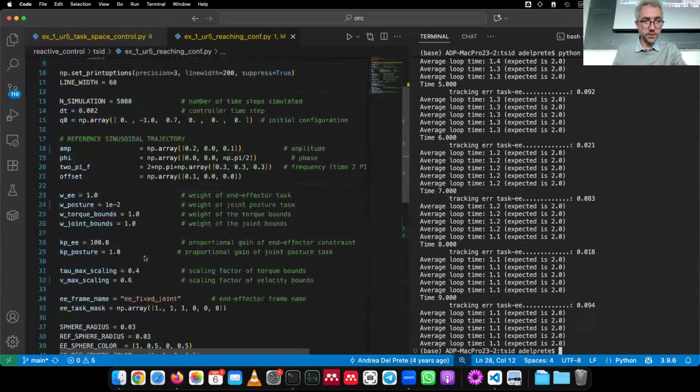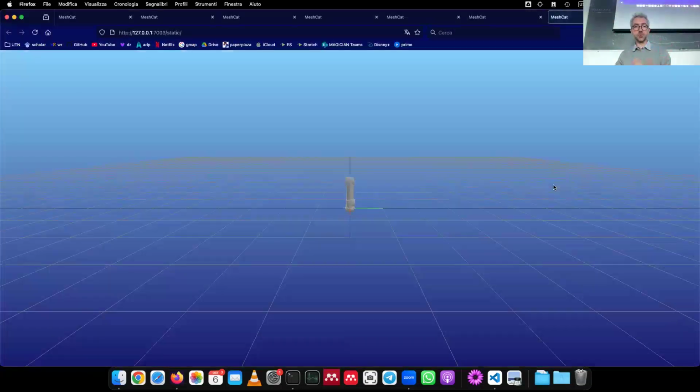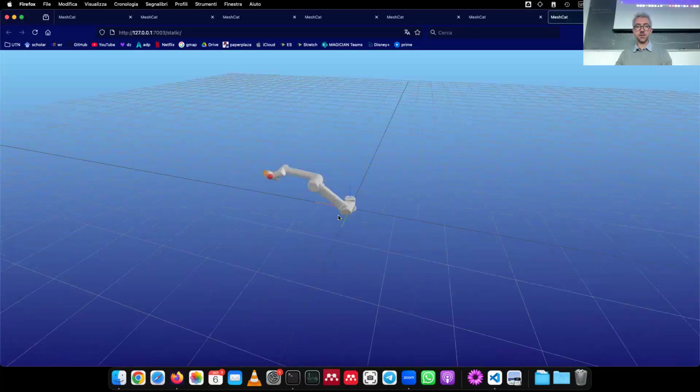If we were to make the motion a bit simpler, like here, reducing the amplitude in the x direction to 0.1 instead of 0.2, probably everything would be better.